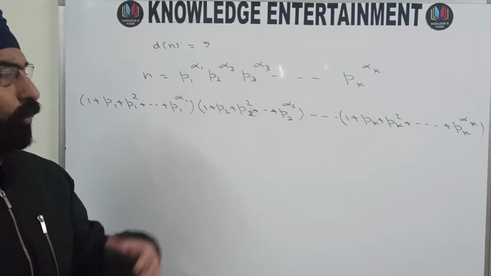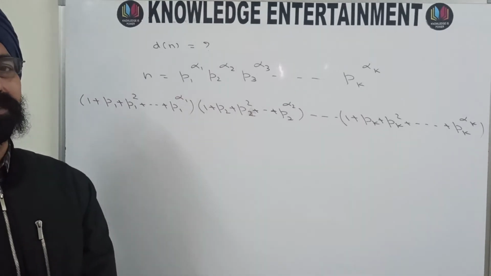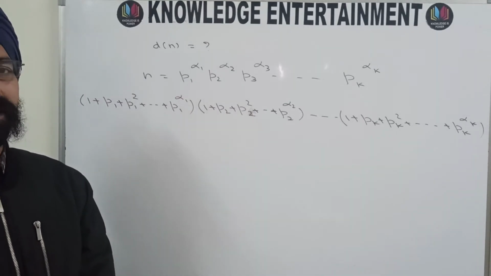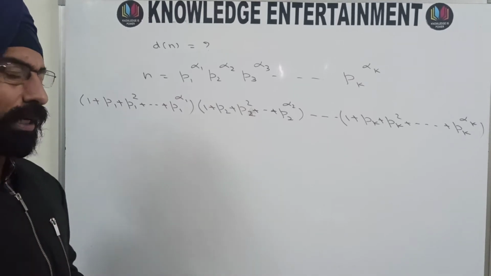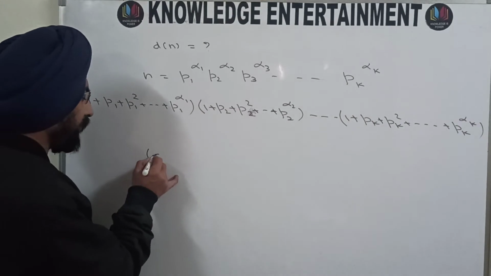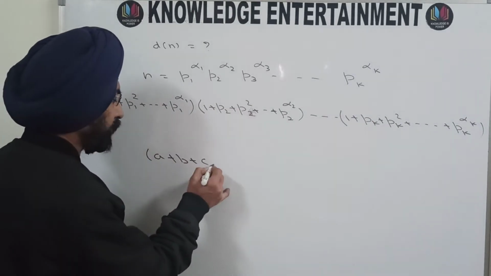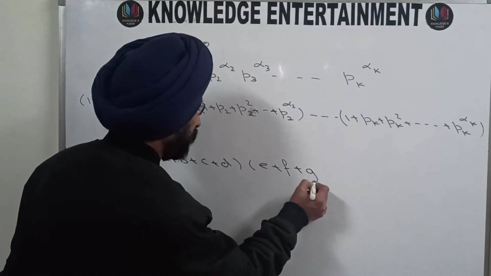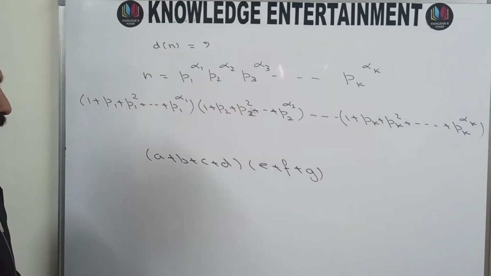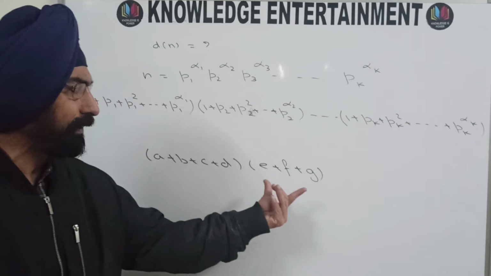And how many terms this product has will be the number of divisors of n. And how many terms are there? I am just giving you an example. Suppose you have (a plus b plus c plus d) into (e plus f plus g). This is a product. Here you have 4 terms, here you have 3 terms.